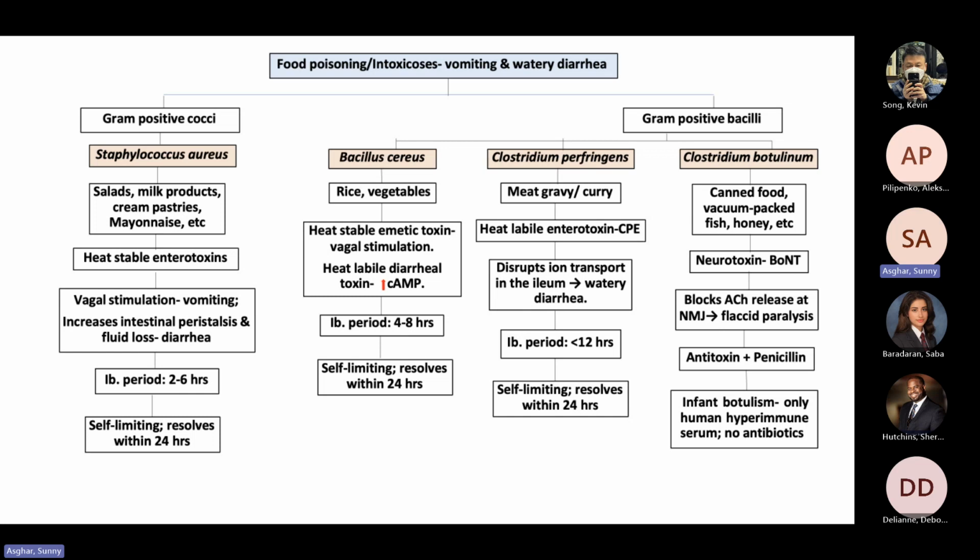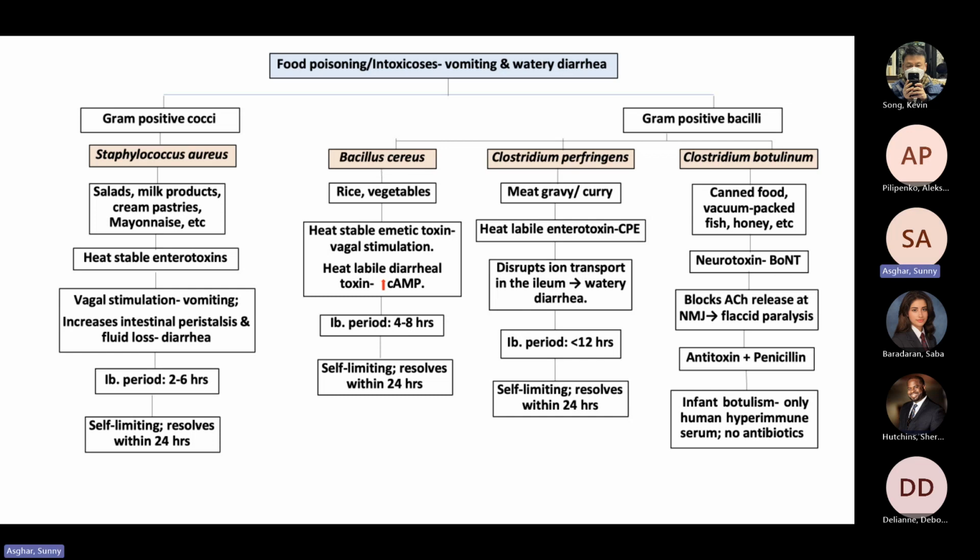Next, we have our Clostridium botulinum, and botulism can be found in canned products, right? The toxin that this bacteria produces is called BoNT, which is basically your botulinum neurotoxin.